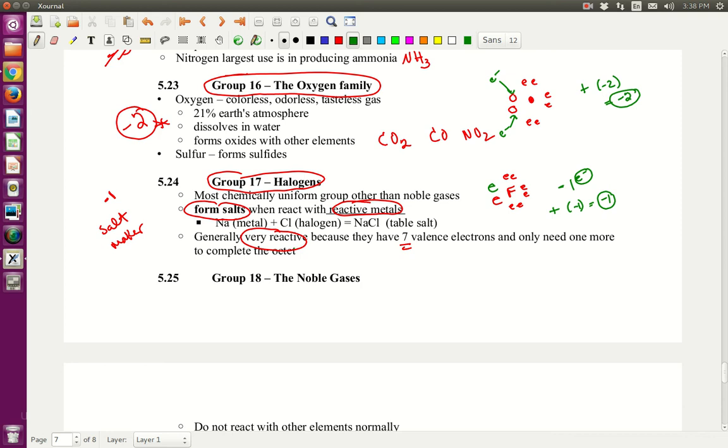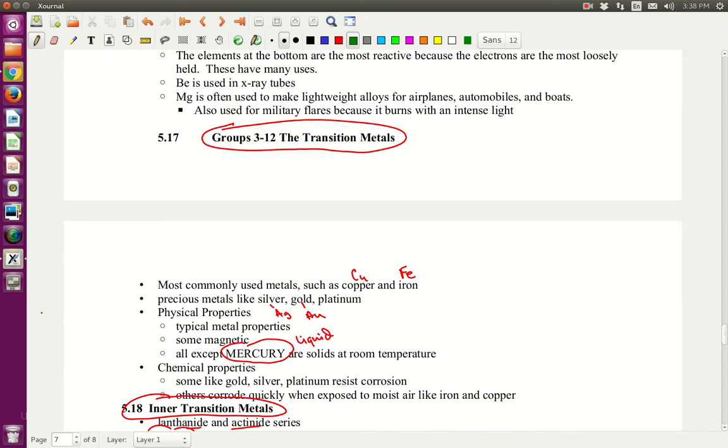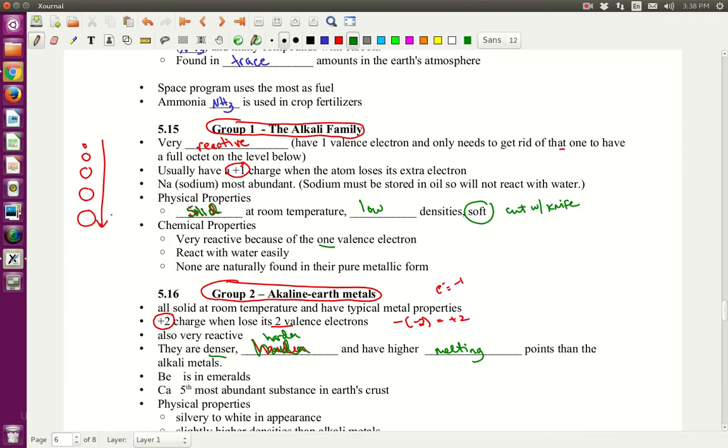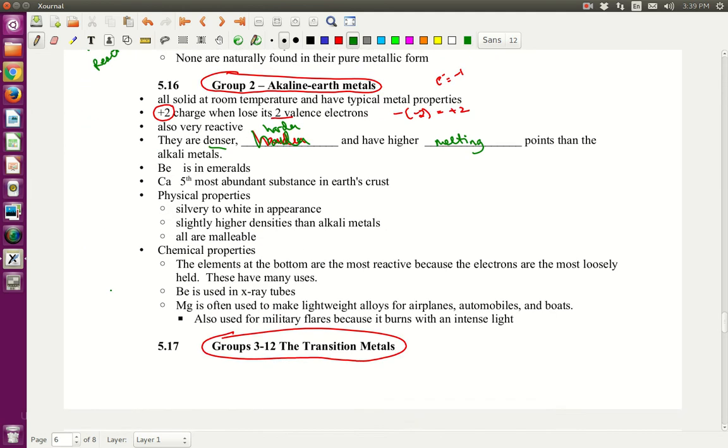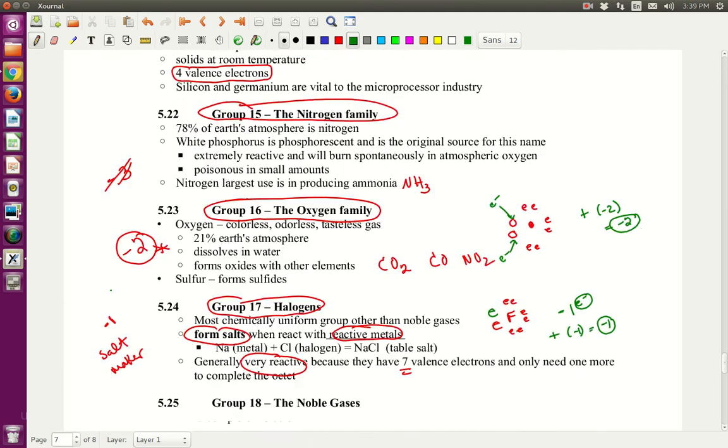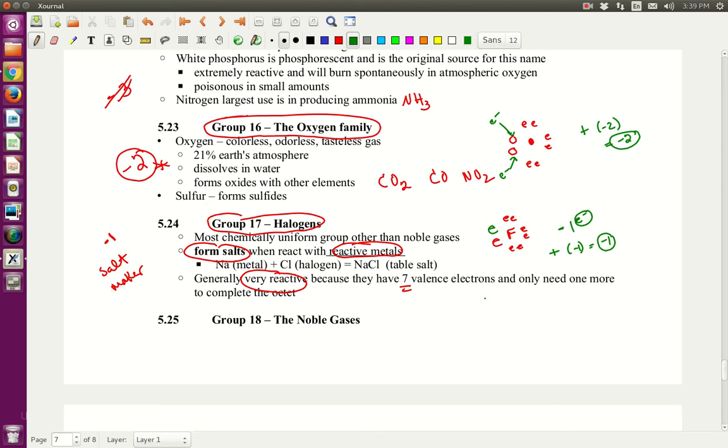They're very reactive. Now, remember how up here we talked about how as the sizes got bigger, the reactivity got more reactive, and that was for group 1 because they let go of the electron more and more. Okay, well, it's the opposite for the halogens. They do get bigger as you go down, but that means fluorine up top is tightly holding on to all its electrons, and it sucks in electrons faster than the one down here.